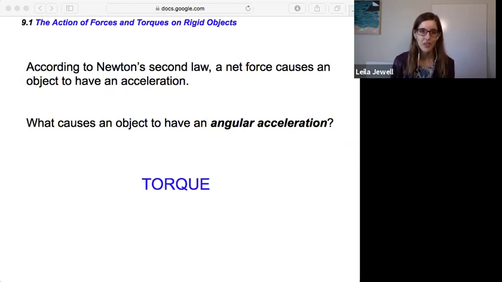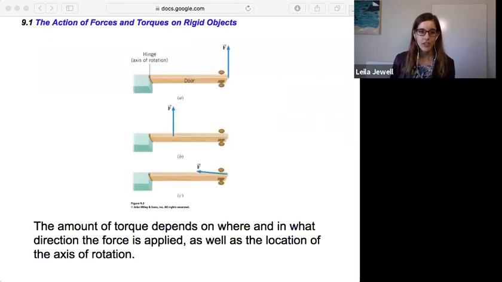Let's take a closer look at what torque is. First, my favorite classic example is a door. You can try this out yourself. It works best if you have a really heavy door, because then it's more extreme. But if you go to open a door, you'll notice that it's easiest to open the door if you apply a force, if you grab the handle and push at the handle.